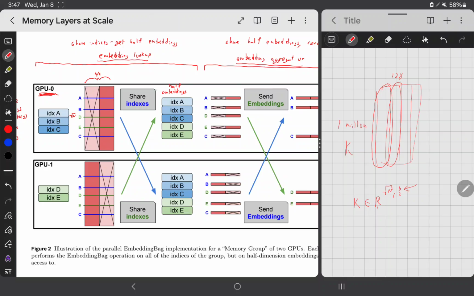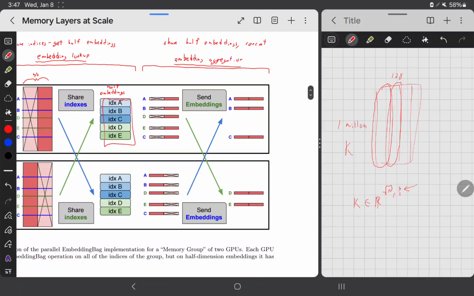So GPU 0 is going to look at all these indices, A, B, C, and D, and it gets the half embeddings for them. So only the half it stores in that memory. And GPU 1 does the same thing, except it does it for its half of the memory.